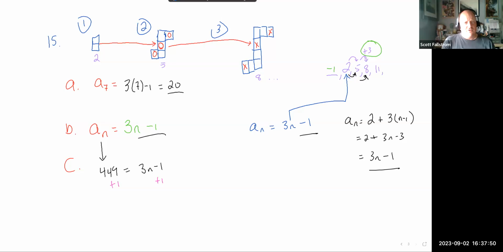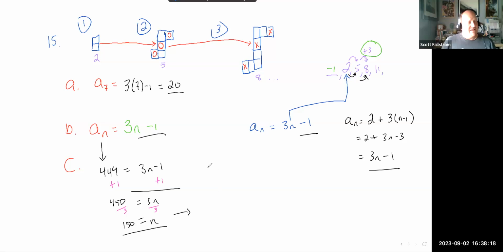Get a little algebra here as we go. 3n equals 450. Okay, so now I just divide by 3. I'll divide by 3, and this is going to be n, and over here I get 150.